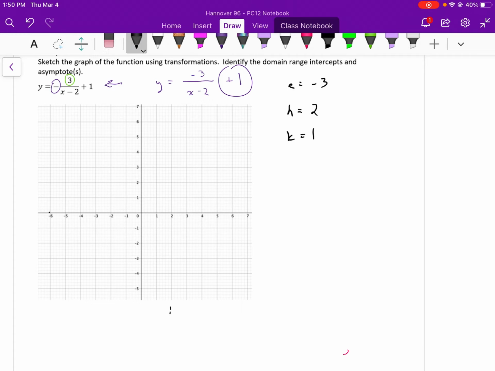Now recall that we're going to start off with the function y is equal to 1 over x, which has a horizontal and vertical asymptote. So our horizontal asymptote will be y is equal to 0. Our vertical asymptote is x is equal to 0. So I'm just going to draw those asymptotes really quickly.